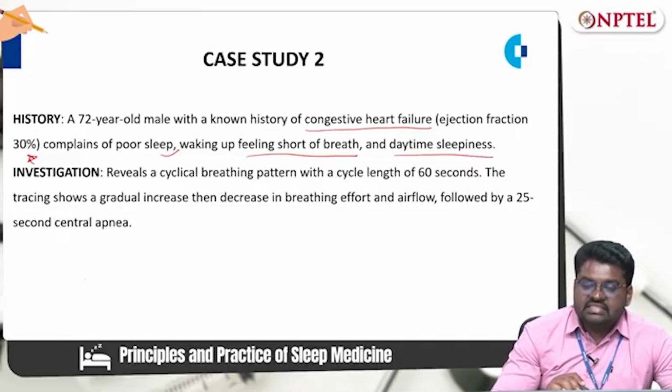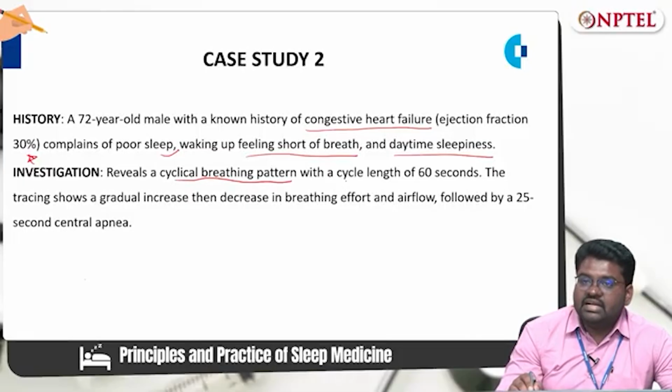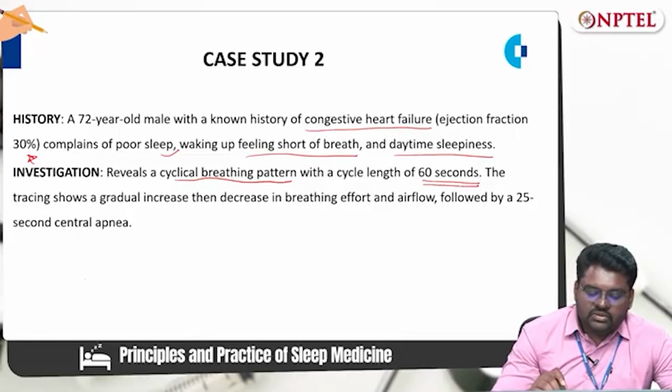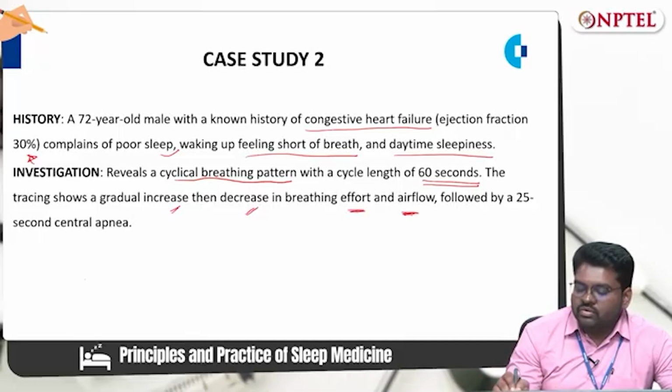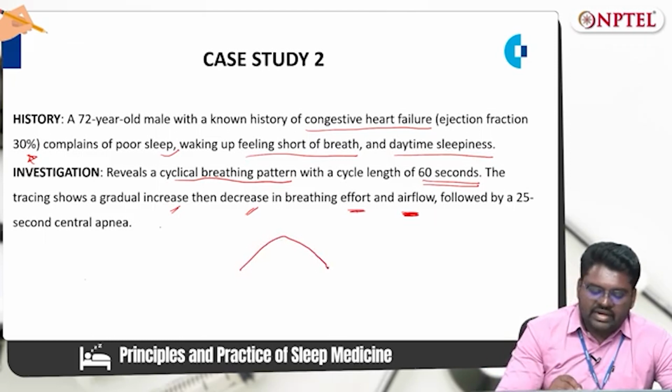The investigations reveal a cyclical breathing pattern with a cycle length of 60 seconds. The tracing shows a gradual increase, then decrease in breathing effort and airflow. What does this show? Gradual increase, gradual decrease, followed by a 20-second central apnea.